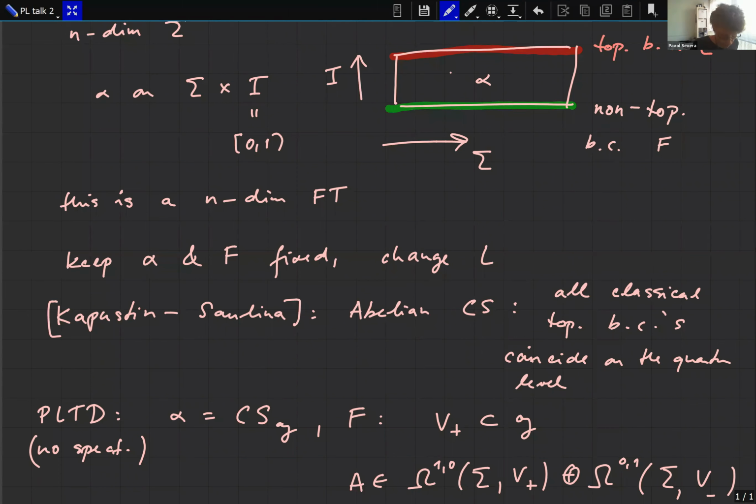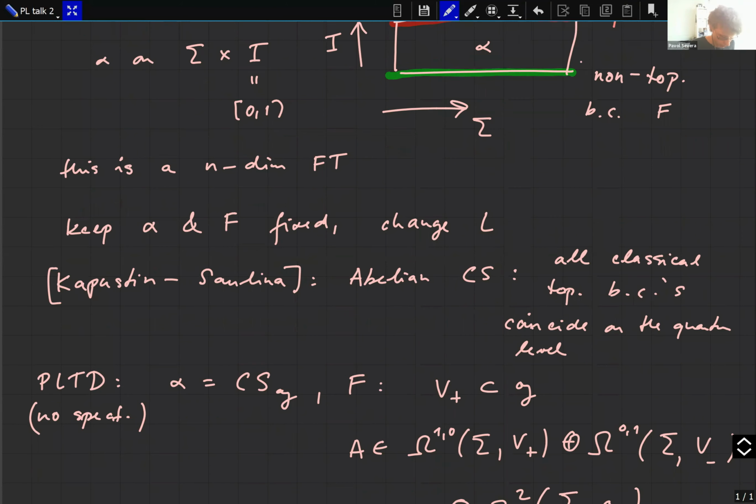It's just Chern-Simons. On one side, we impose this boundary condition with a generalized metric. On the other side, we impose the boundary condition given by a Lagrangian Lie subalgebra. The thing is actually equivalent to a two-dimensional sigma model. This model is the same thing as a two-dimensional sigma model with target which is equal to G mod H.